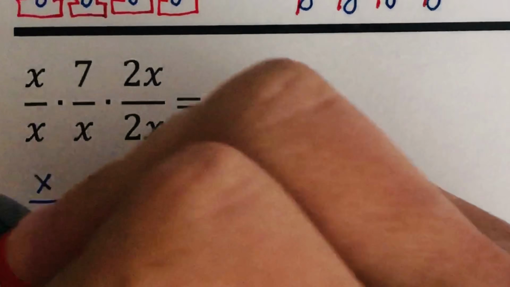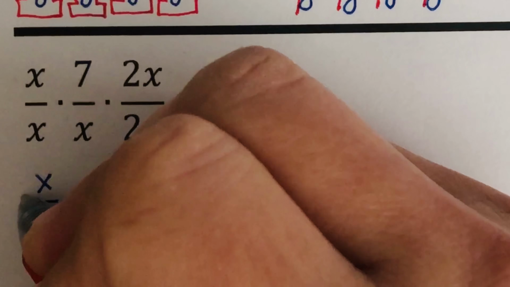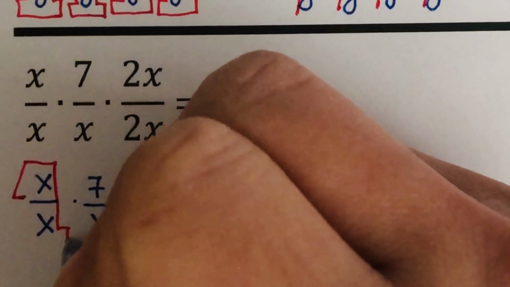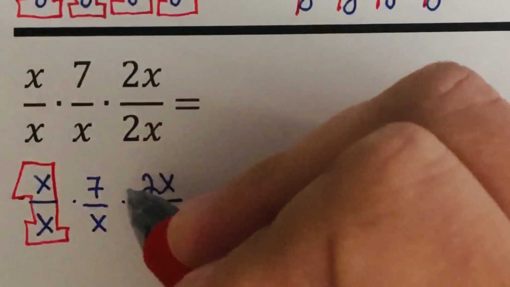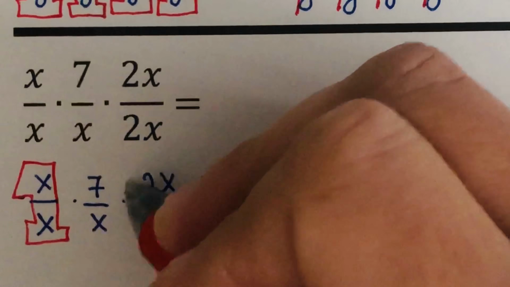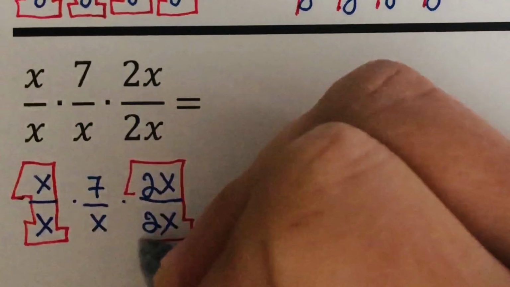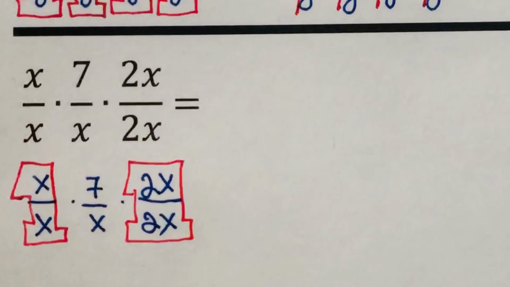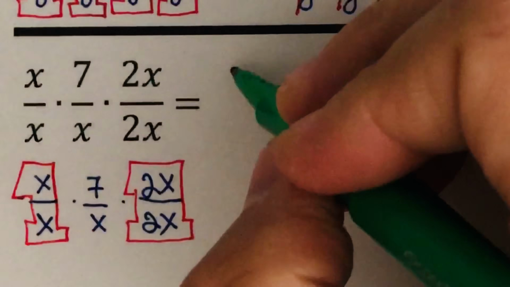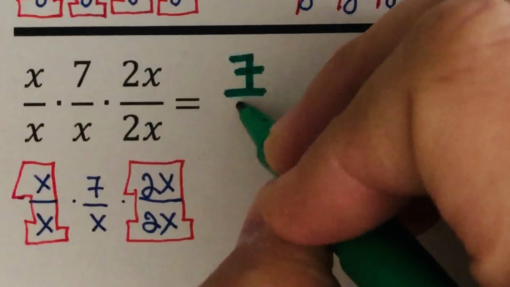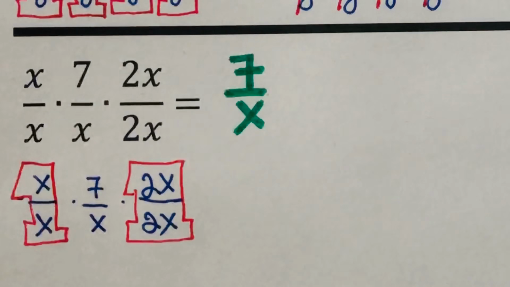So we can say that this x over x is actually 1. And then this 2x over 2x is also 1. So we can label 1 on that. So we can say that 1 times 7 over x times 1 is going to be 7 over x. So I'm going to write that down here. That 7 over x is the product of this.